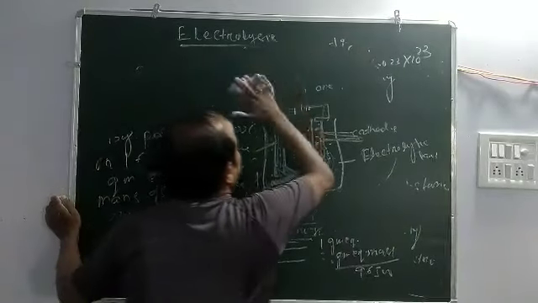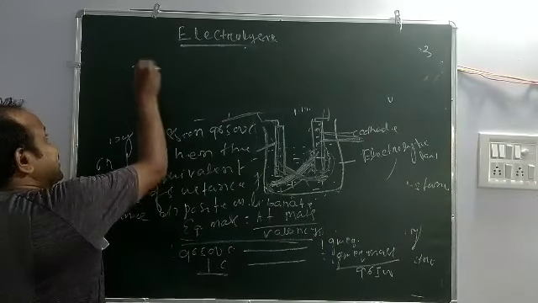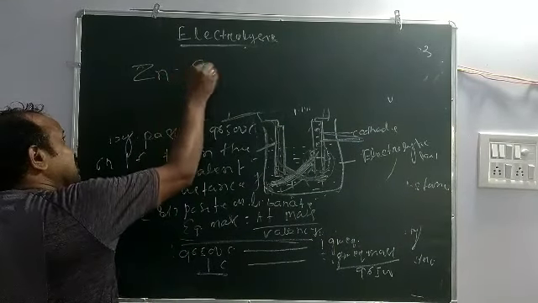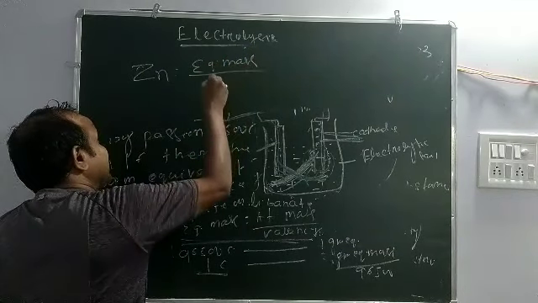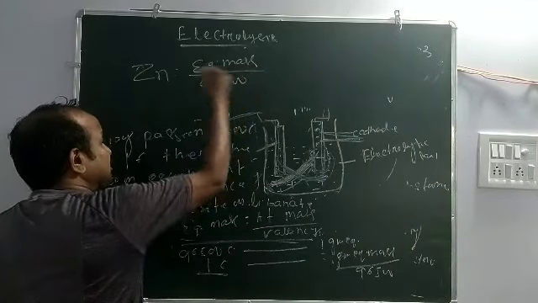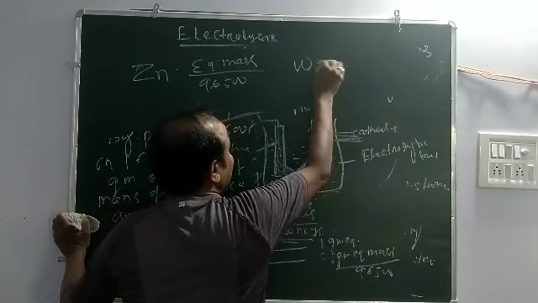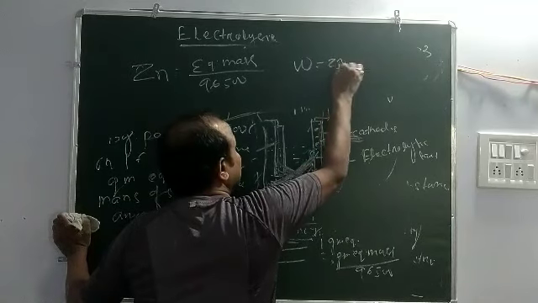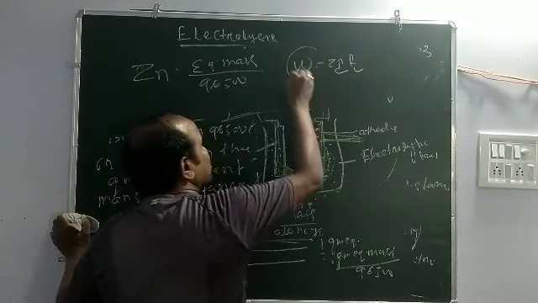That is the most important formula to calculate problems on the first law of Faraday, because in the first law, W equal to ZIT.